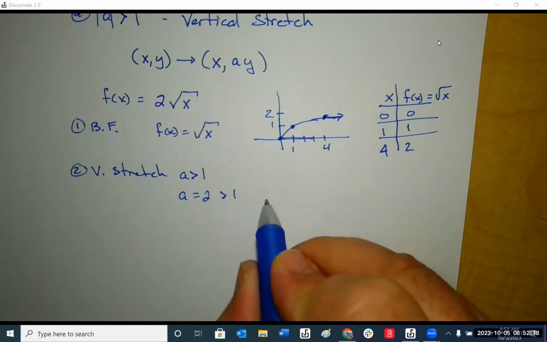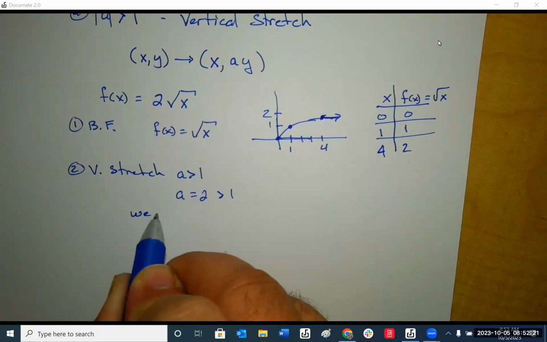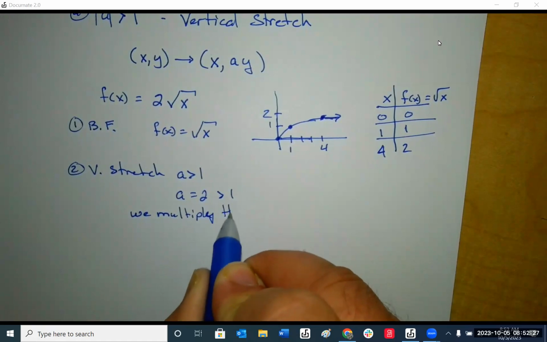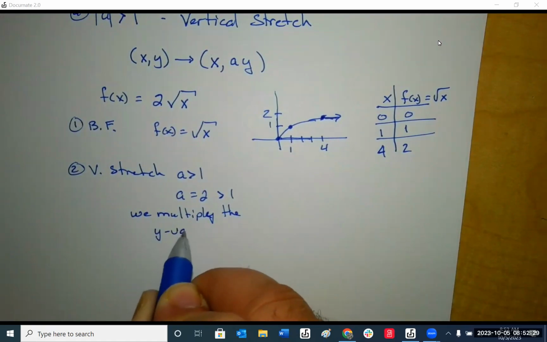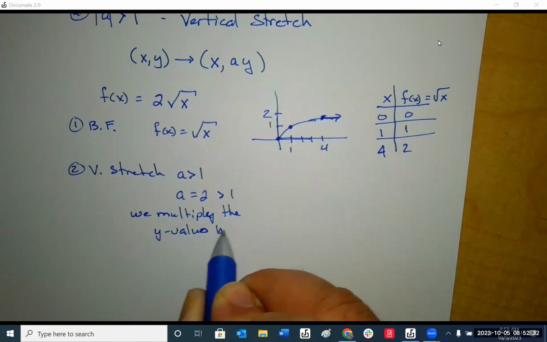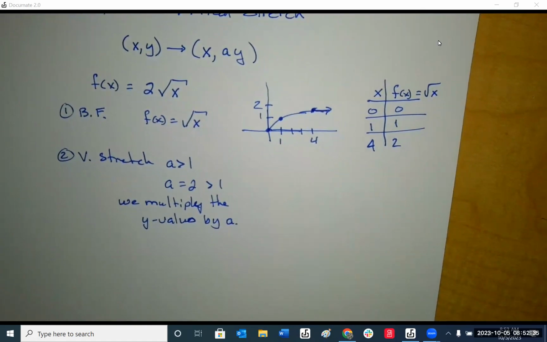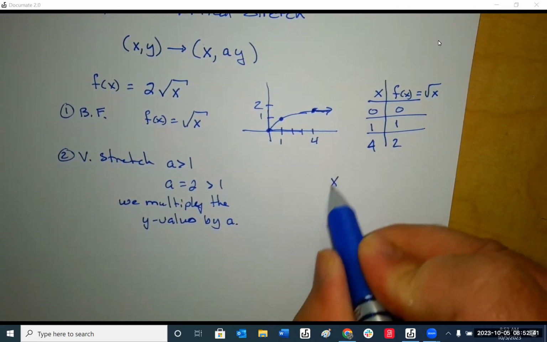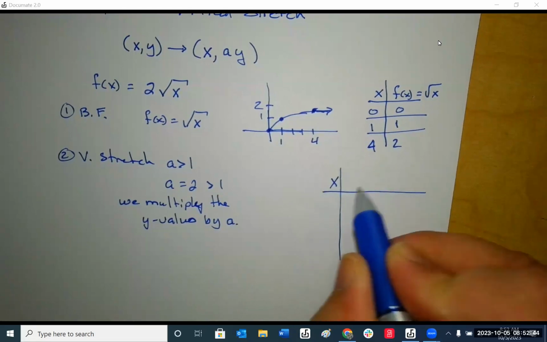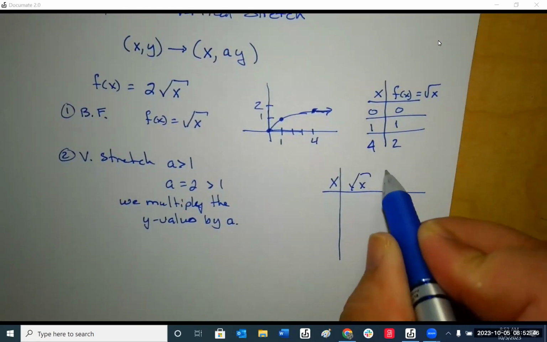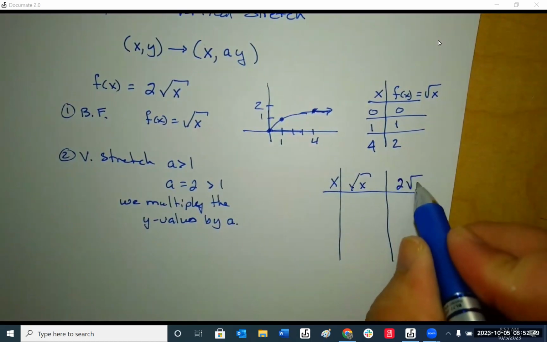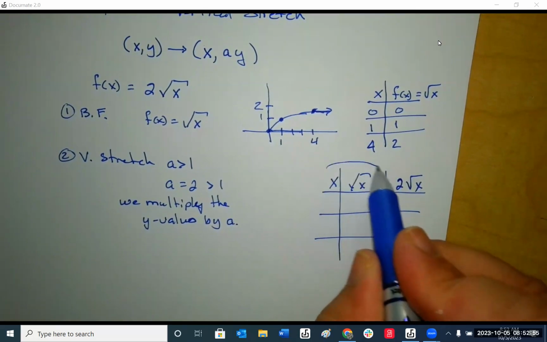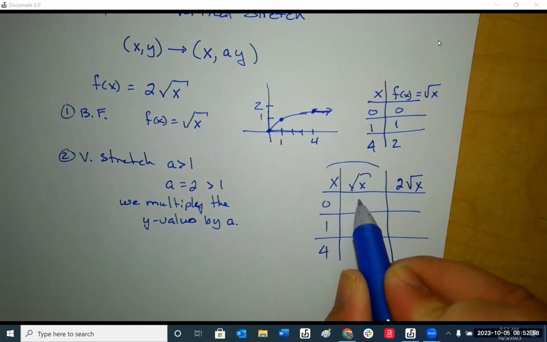So what that means, we multiply the Y values by A. Because this was the original graph with 0, 1, and 4.